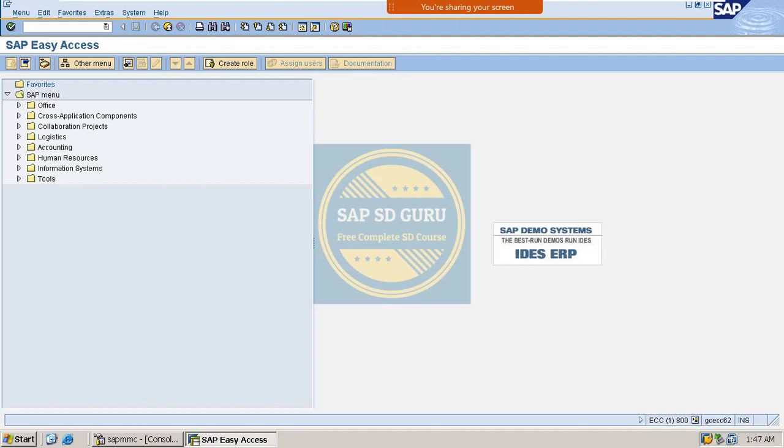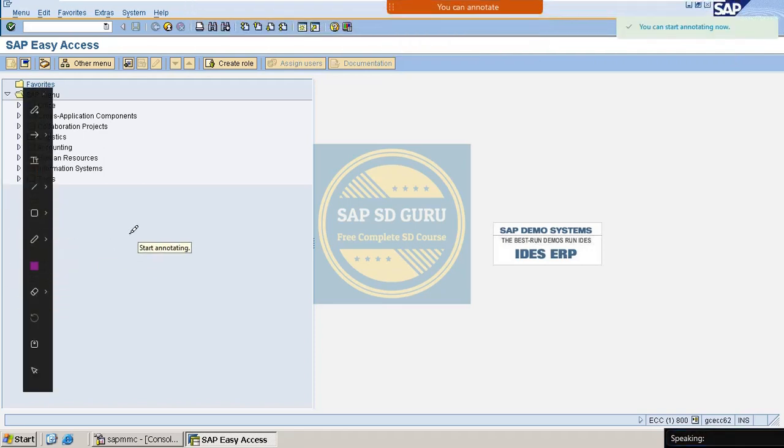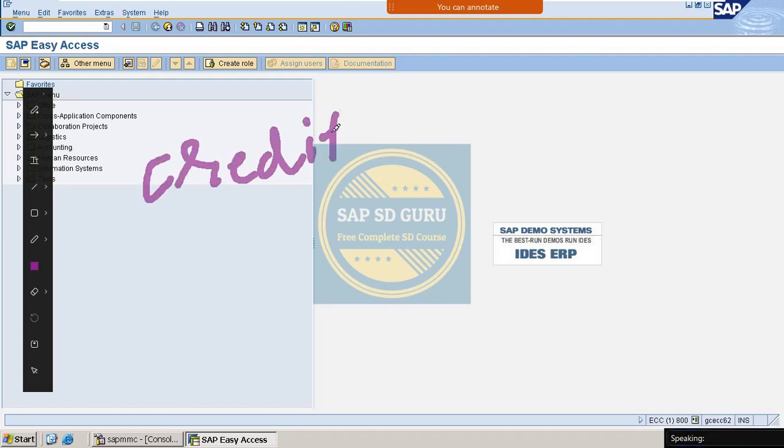So in this session, I will let you know what exactly the difference is between the centralized and decentralized credit process. If we check the credit processes, we have two types.